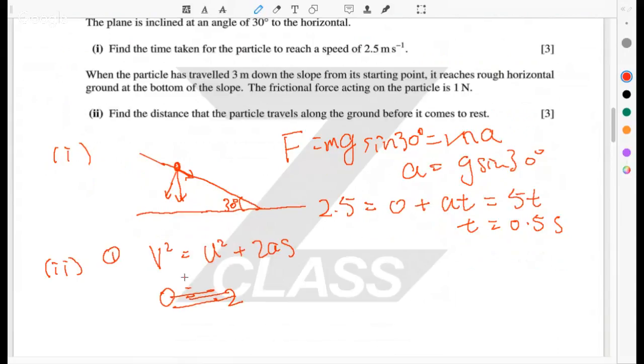So we still use the same formula, but in this case, we're trying to find out v, the speed of the particle at the end of the slope. So that will be 0 plus 2 times 5, as we've worked out before, and times 3 meters, equals 30.